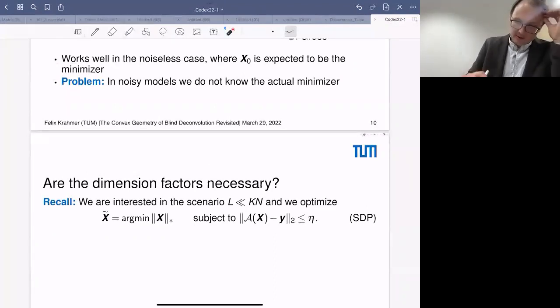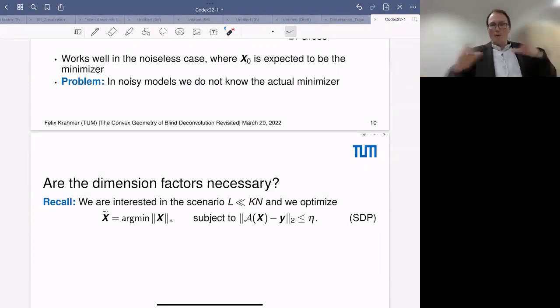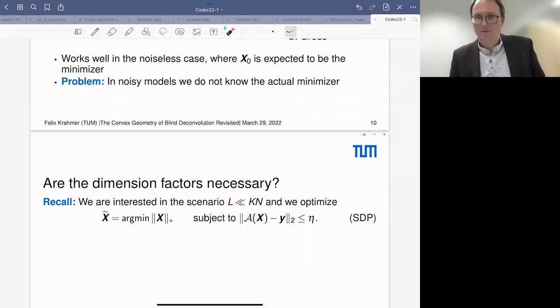Let me recall, to not lose anyone: we have some vector of length k and a vector of length n. We both embed them into an L-dimensional space, and then we take the convolution. We assume that L is much less than k times n, because otherwise there's no need for these nonlinear methods, since we could solve a linear problem.